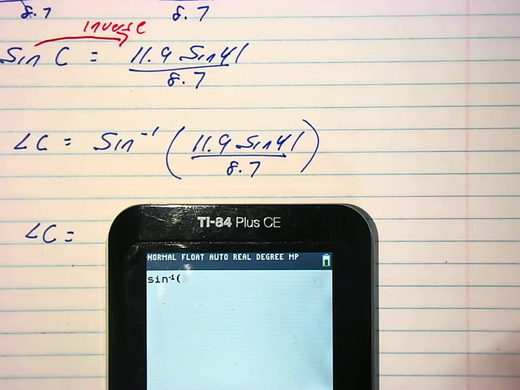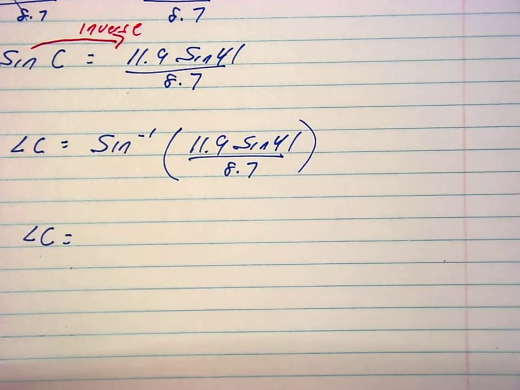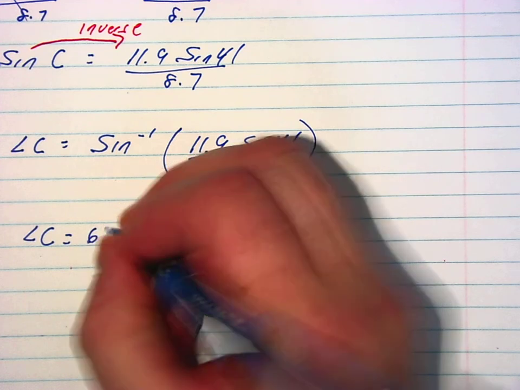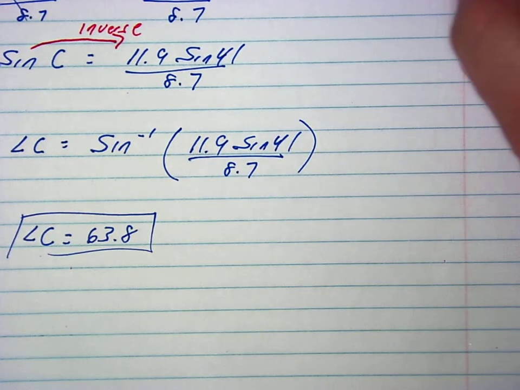Once I get that, now I just got to fit all this exactly how it is. 11.9 times the sine of 41 and the parentheses, or you're going to get it wrong, divided by 8.7. If you put all that in your calculator right, you're going to get how big angle C is, which is 63.8 degrees. So that is your angle C.